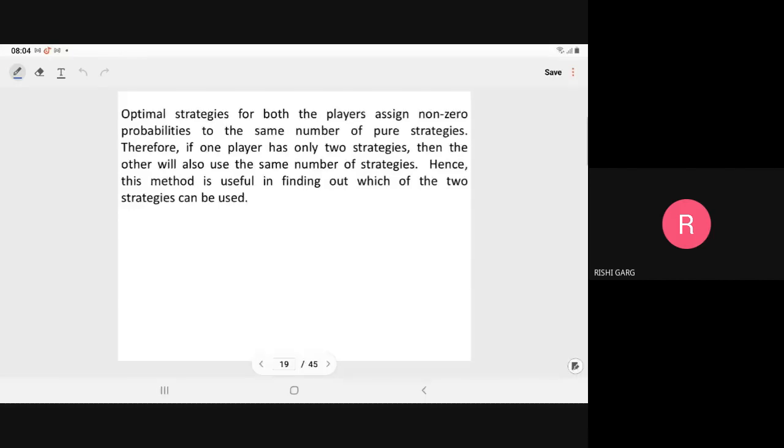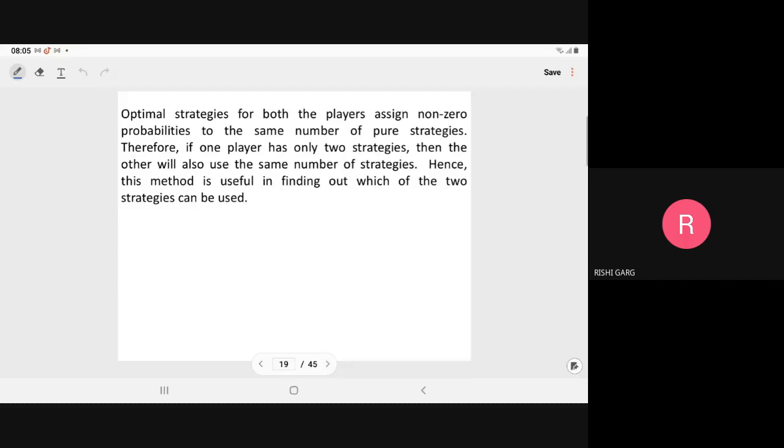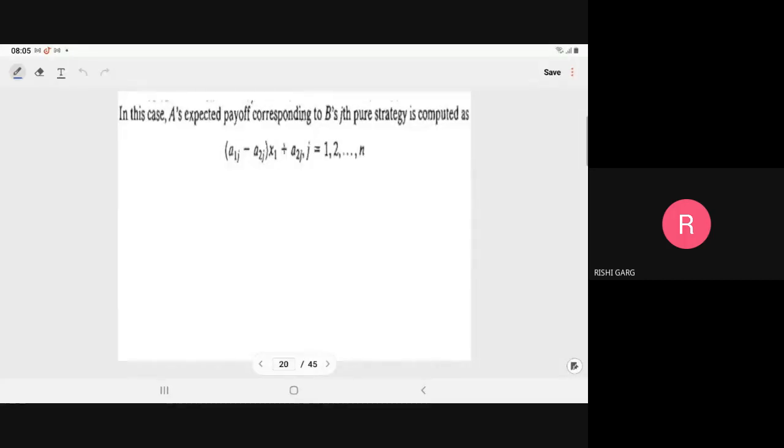Hence, this method is useful for finding out which of the two strategies can be used. So here in the graphical method, we have A1 and A2. These two are the only optimal strategies for player A. So any two out of B1, B2, Bn will be the optimal strategies for player B. And those two strategies we have to determine. That is the procedure for finding the solution for the mixed strategy problem.